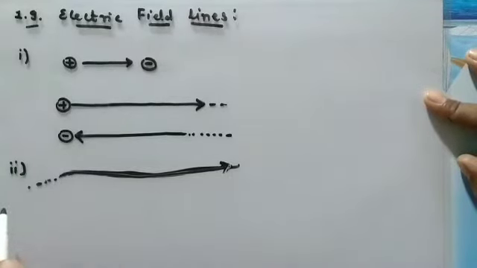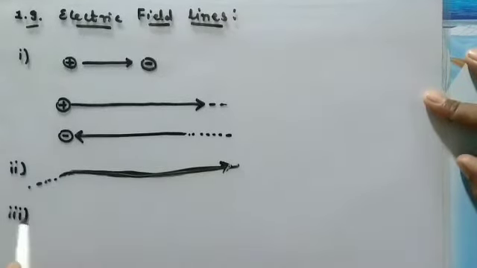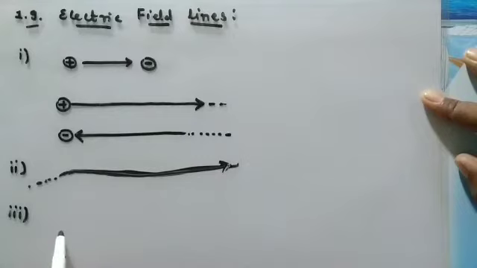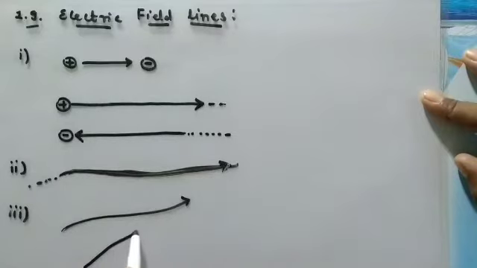Now third important property of electric field lines: it says that the field lines can never cross each other. That means if this is one field line and if this is another field line, then they will never cross in this way.